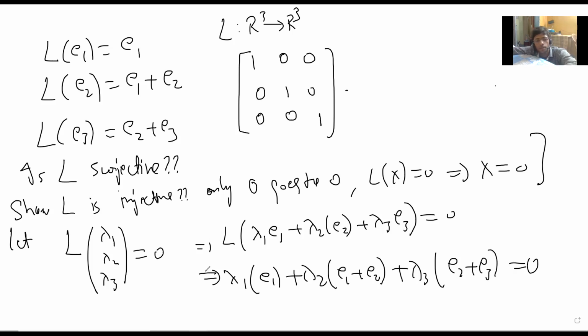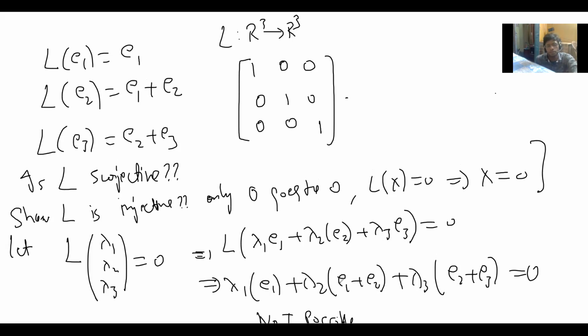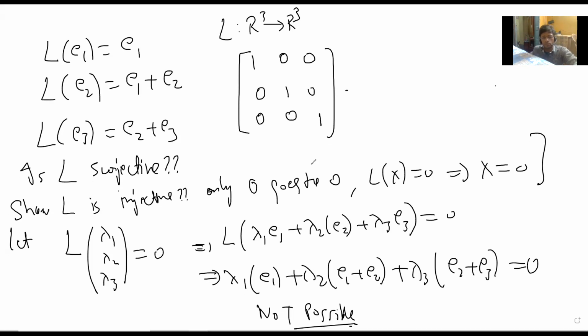Is this part okay? But this is not possible. You can just check this. I will not do this. Not possible because you can take E1 common and so on. Not possible because E1, E2, E3 are independent. That is clear. So that is a contradiction.